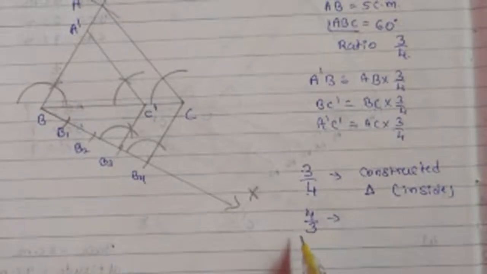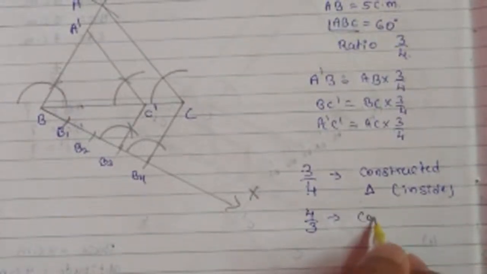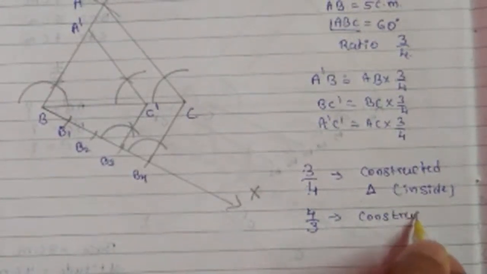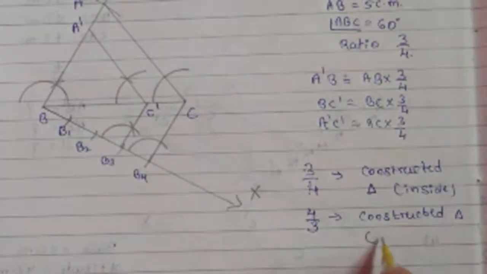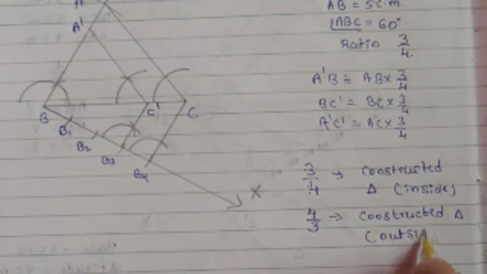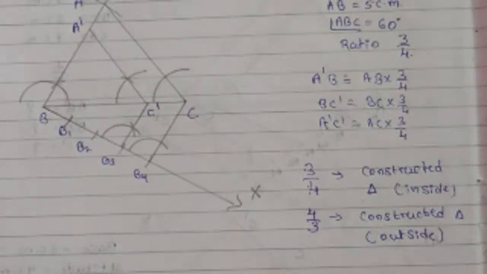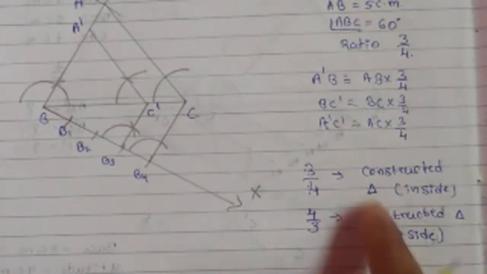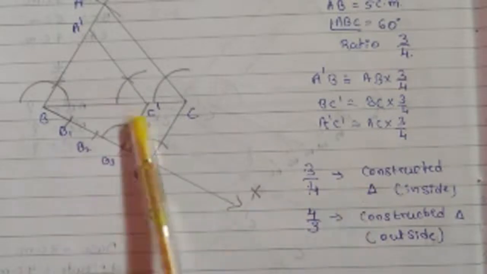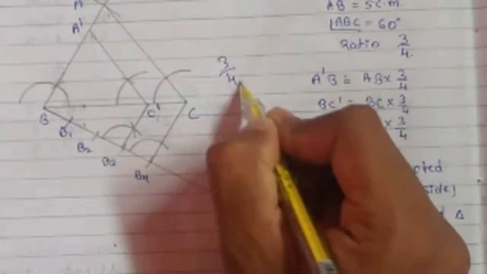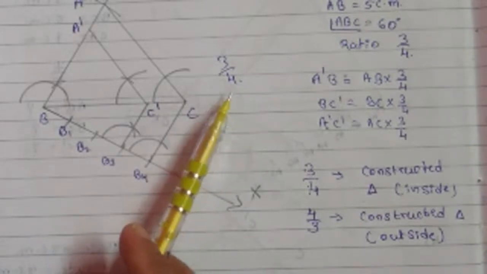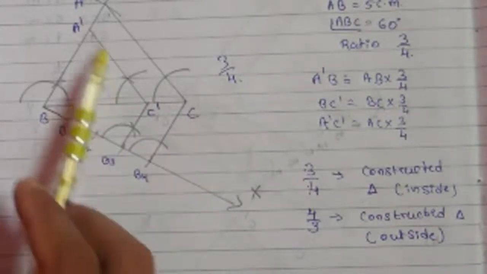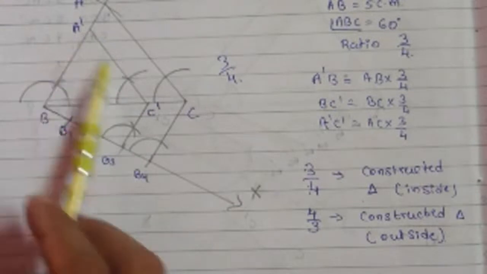If the ratio is 4 by 3, then the constructed triangle is outside. For example, for this ratio 3 divided by 4, the denominator value is maximum, therefore the constructed triangle is present inside.